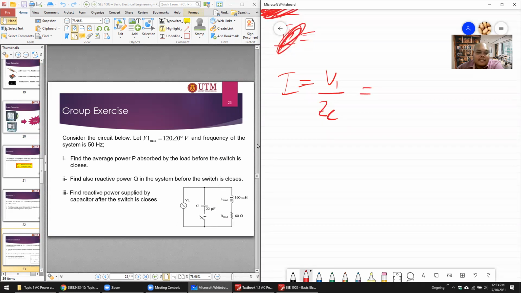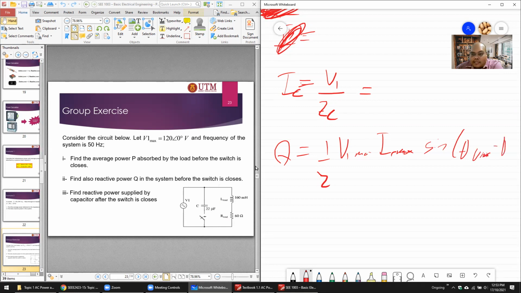You get the capacitor current, IC, not I. And then you just use the formula Q is equal to 1/2 V max times IC max, sine of theta V minus theta IC.